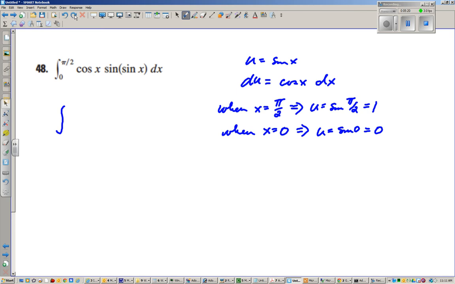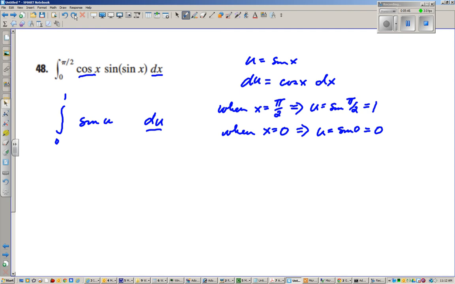So here we go. The integral and my upper and lower limits are 1 and 0 respectively. Then I'm going to say my du covers cosine of x and dx. The first and the last part, the cosine of x and the dx, those two things are replaced by my du.